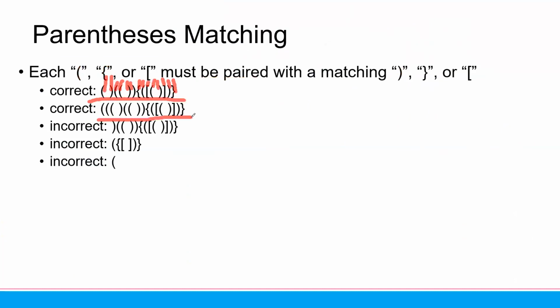If it is more complex, it's very difficult to check by eye. So you need to build an algorithm to check whether those kinds of parentheses match or not. The third one is incorrect because we can see directly from the first one, it starts with closing, without starting.